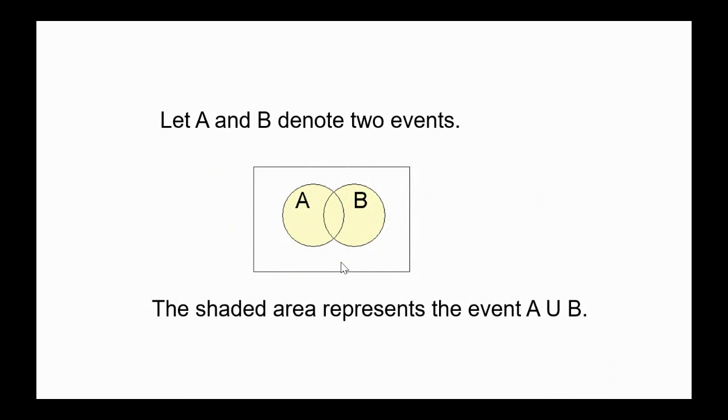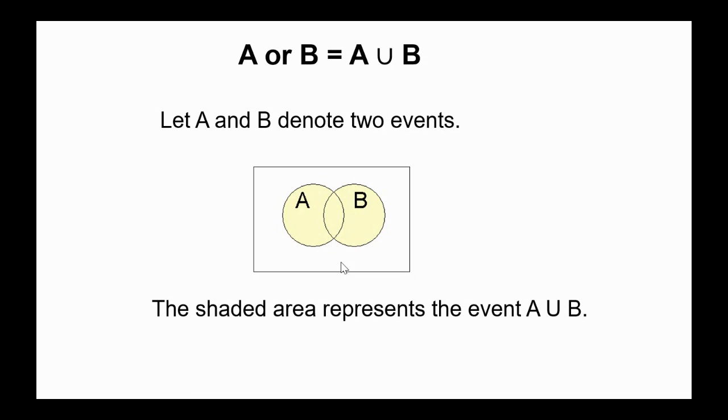Now, in just drawing the Venn diagram for a union, do they have to be overlapping? No, they don't have to, unless they have something in common. Then they do. But it's possible to do a union where you have nothing in common. This is A union B, A or B.